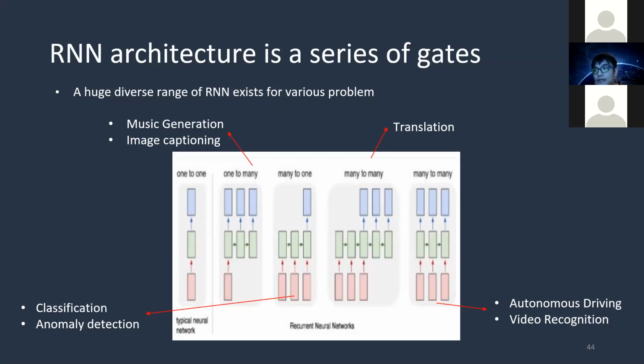Then there is translation, like English to Mandarin, or Tamil to Malay, for those who are near Southeast Asia. For example, your sentence, "I am whoever," you translate to another language. So that's many-to-many. Other kinds can also be autonomous driving and video recognition.